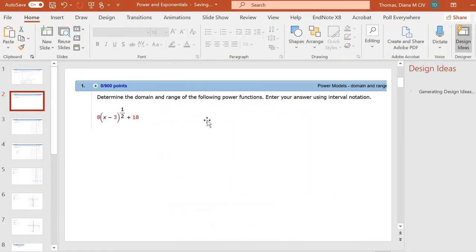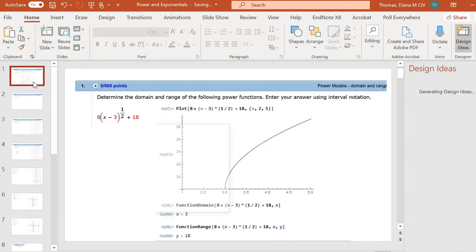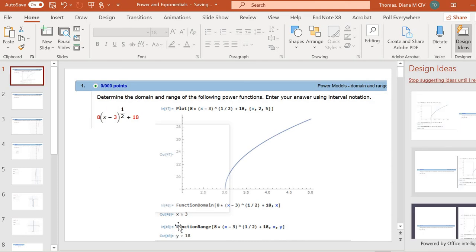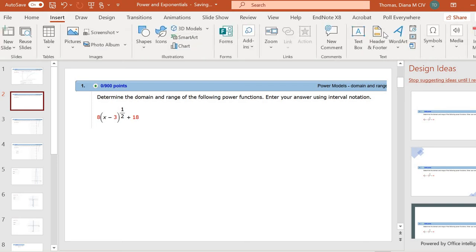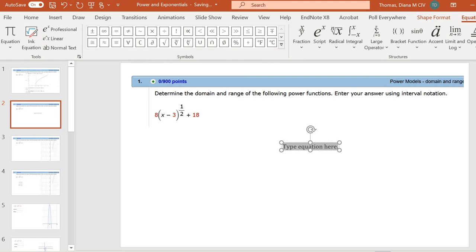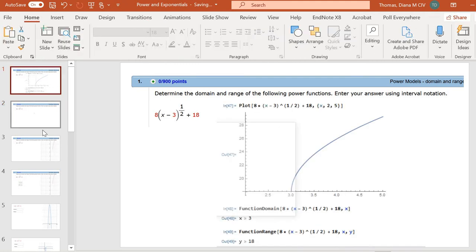Now, how do I write the answer? Because it says interval notation. If you recall, here it said x is bigger than or equal to 3 and y is bigger than or equal to 18. What it's looking for is x's domain would be x is bigger than or equal to 3.